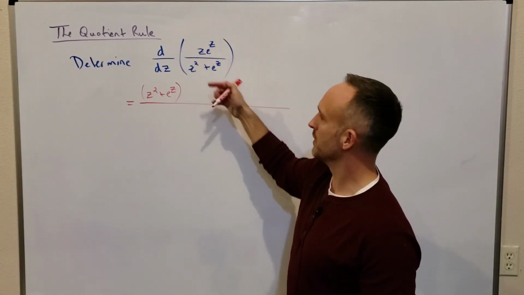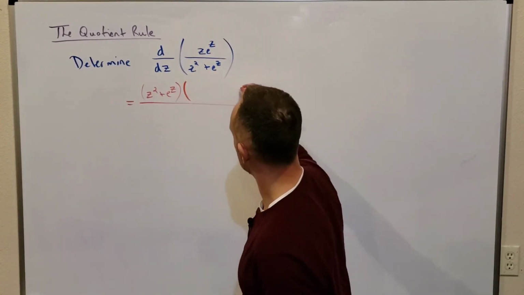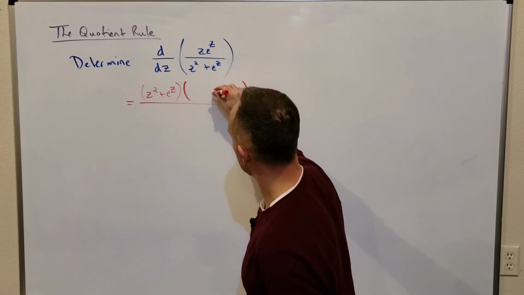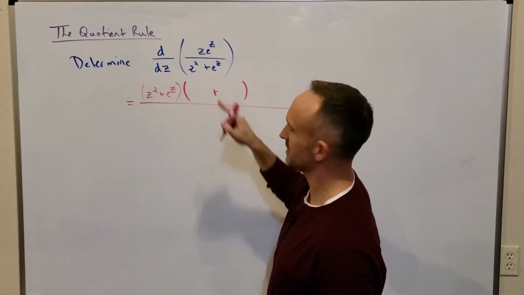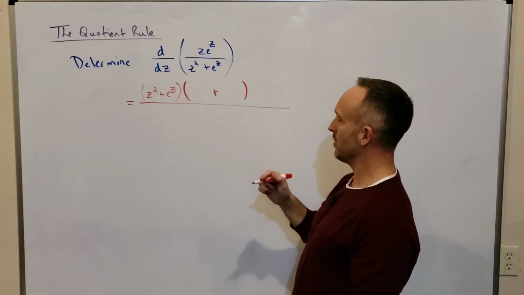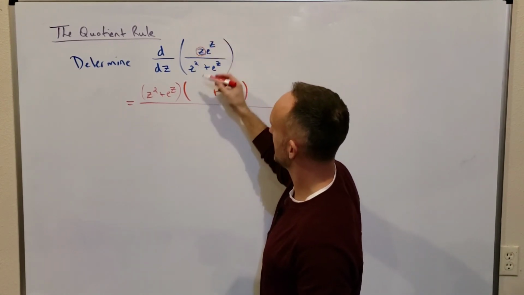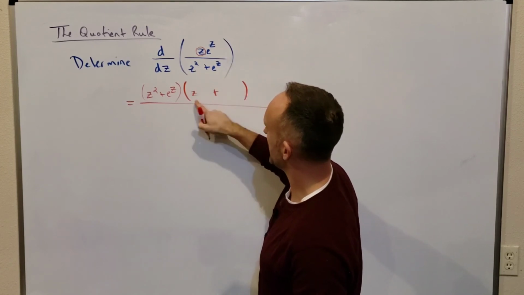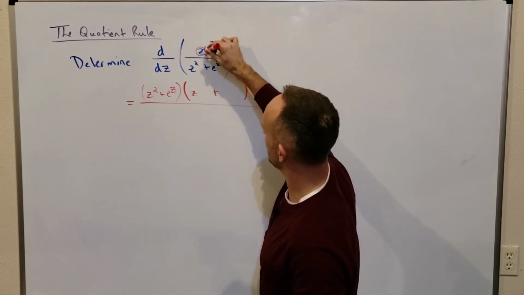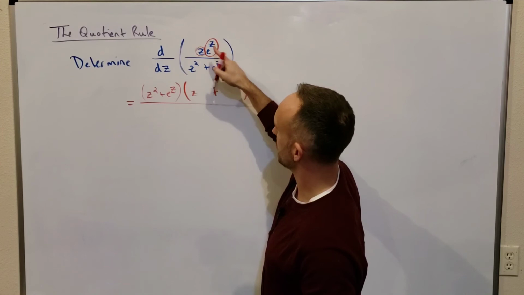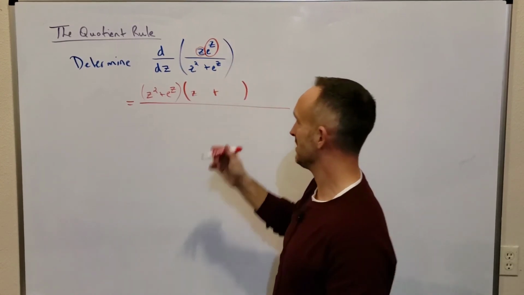So when I do this derivative, I have to use the product rule. So I'm going to set it up as such. The product rule says do something plus something else. So here we go. The product rule says take the first, which is z, multiply it by the derivative of the second, which is e to the z. The derivative of e to the z, luckily, is just e to the z.